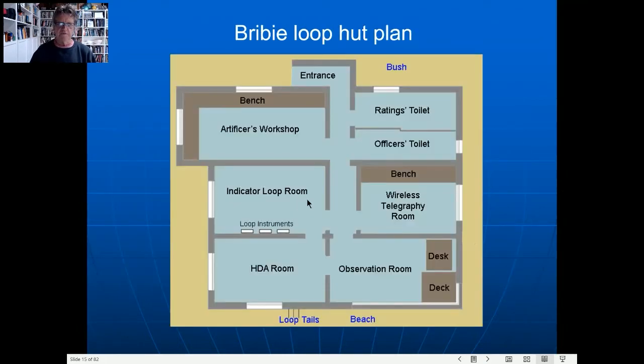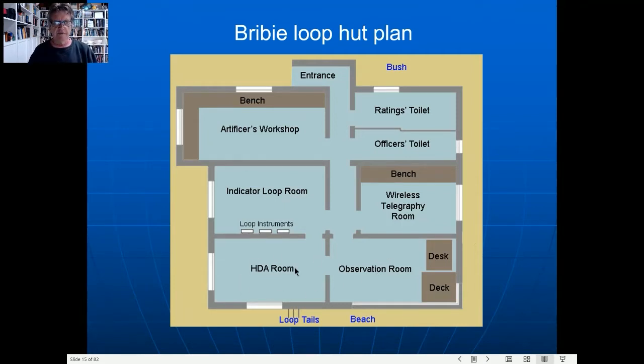Okay, here's a drawing I did of what the loop hut looks like. Now, from the front, I was telling you the loops came up from the beach there. So there's the observation room, which was the binocular room where an officer would have been stationed with binoculars and telescope.